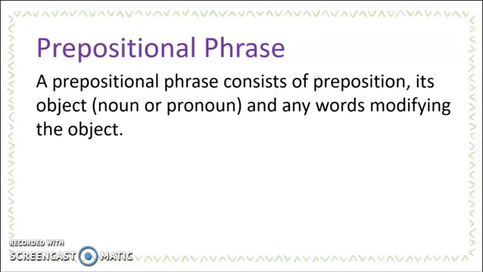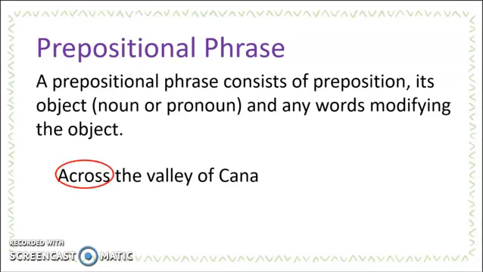For example, across the valley of Cana. You can see that there is a preposition, across, a modifier, the, and an object, valley of Cana. Therefore, this is an example of a prepositional phrase.